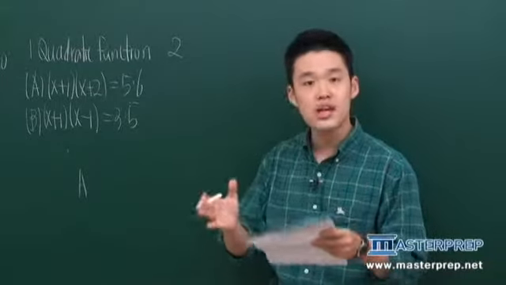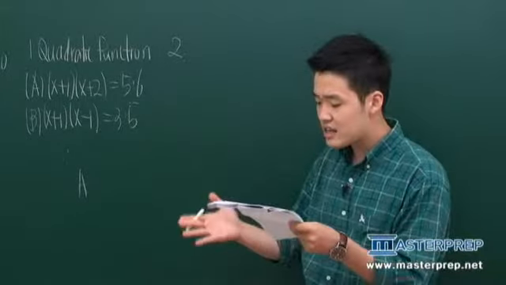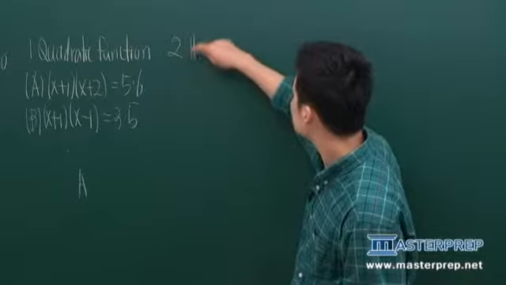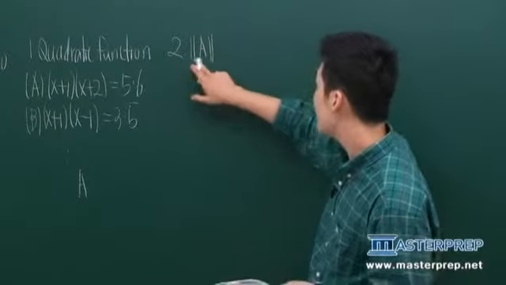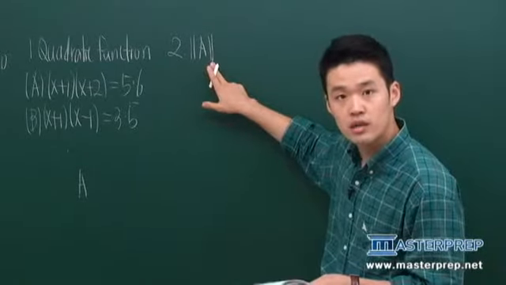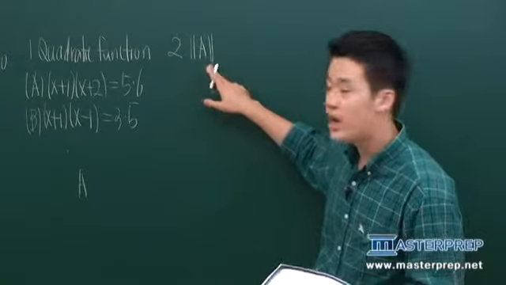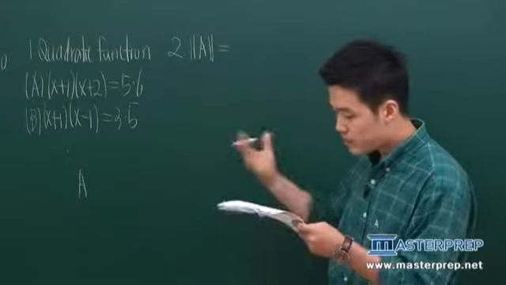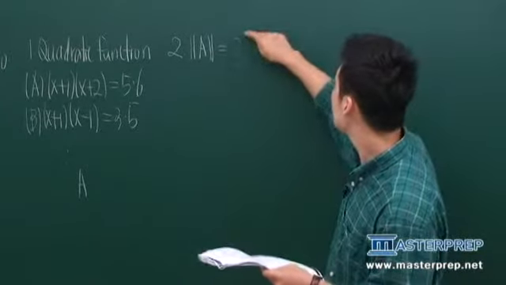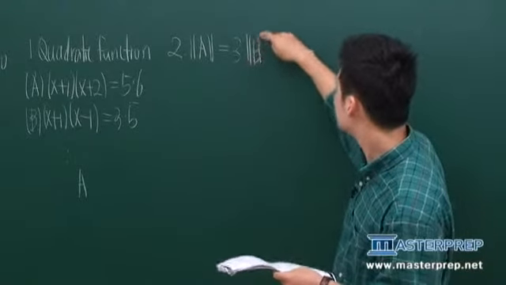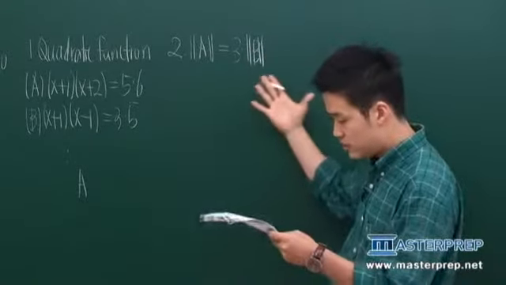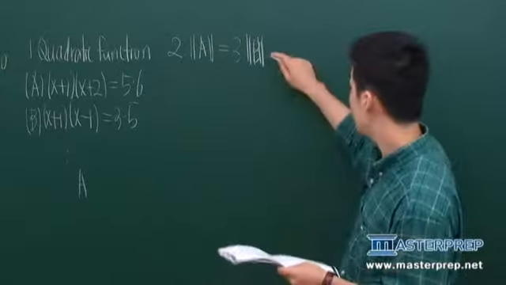Let's look at the second sentence. Train A's speed: let's denote this with a norm, the magnitude of A, which is 3 times B. This is one mathematical equation you could think of.